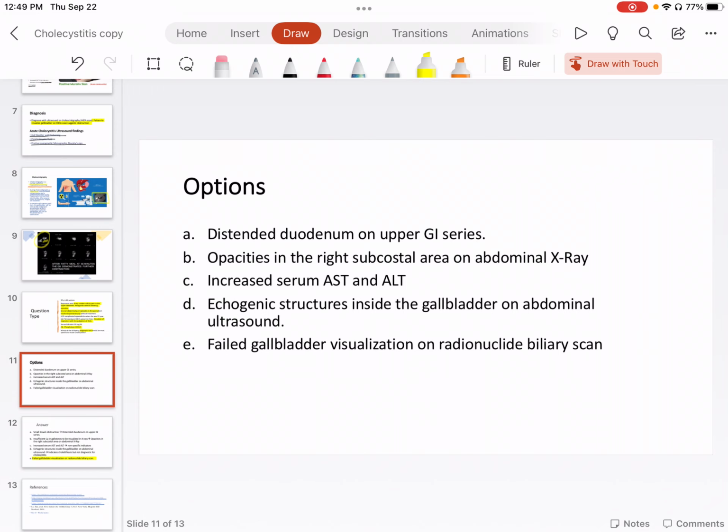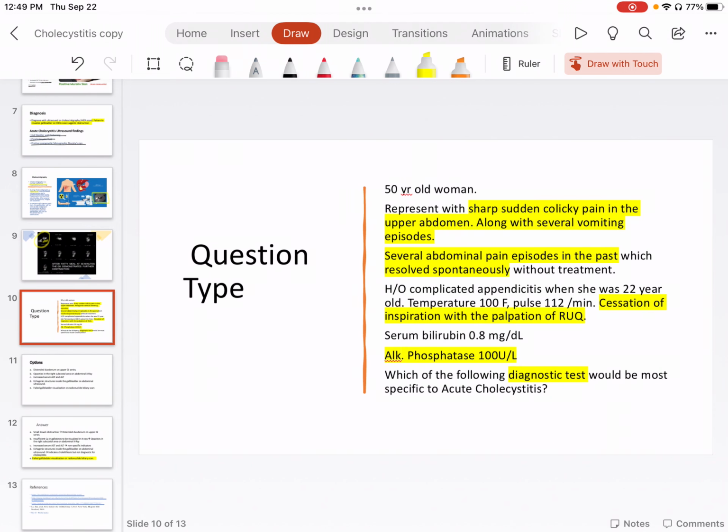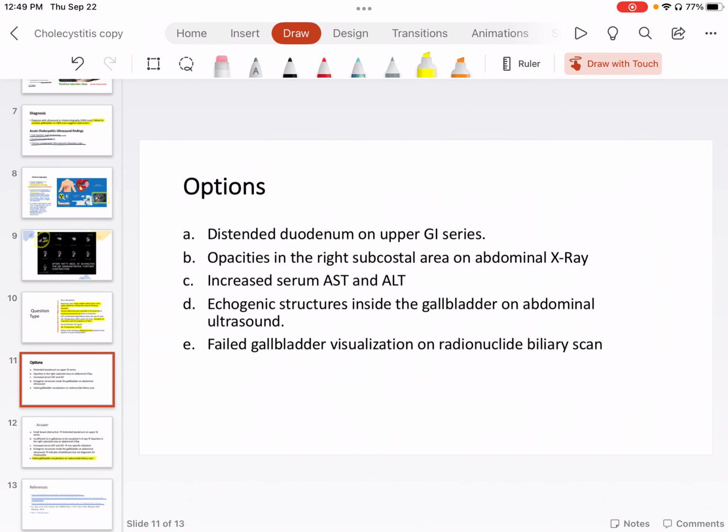Echogenic structures inside the gallbladder on abdominal ultrasound. Echogenic structures could be either gallstones or a gallbladder polyp. But the question is, which diagnostic test would be most specific to acute cholecystitis? So this is not the answer.